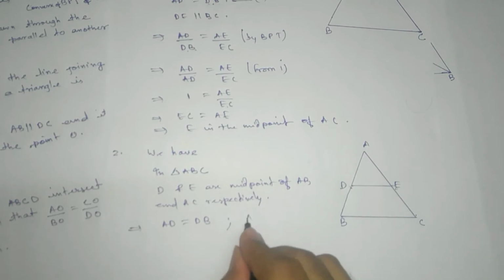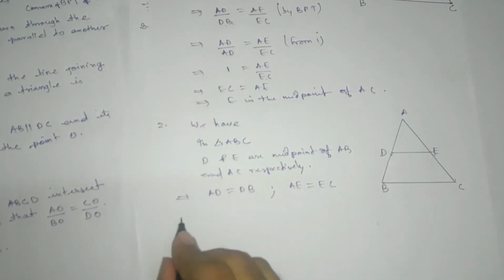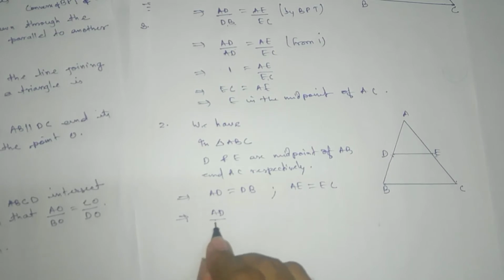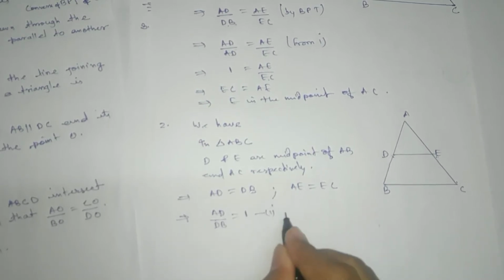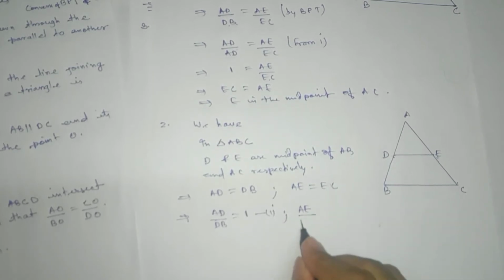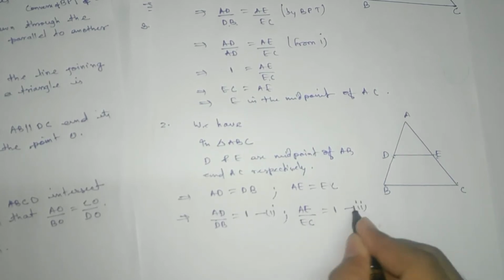That means AE equals EC. So now AD and take this DB at denominator here. That means AD by DB, and this side we'll get 1. This is number 1. And similarly here AE by EC and we'll get 1. This is your number 2.